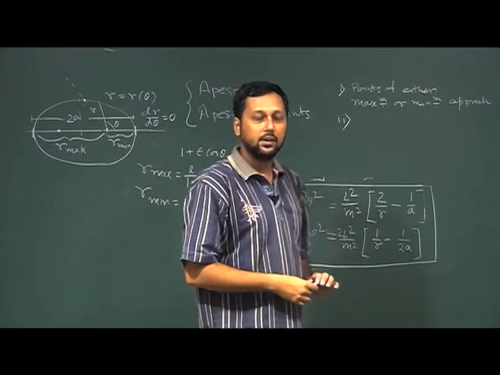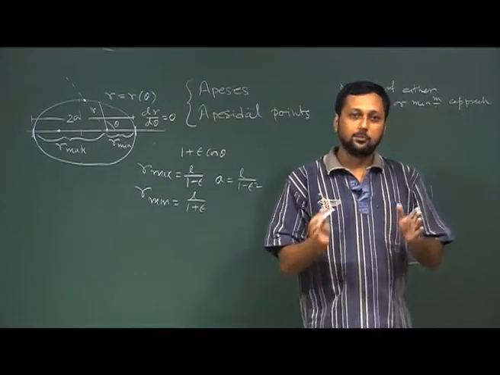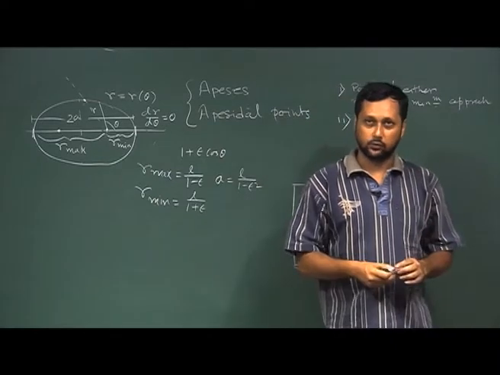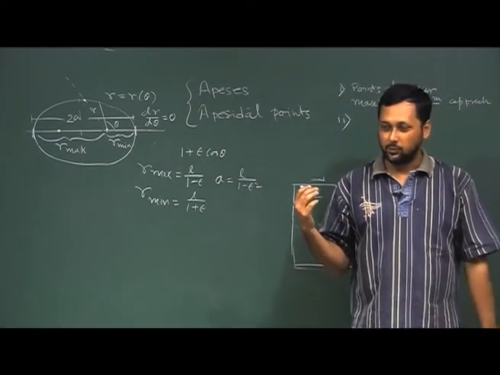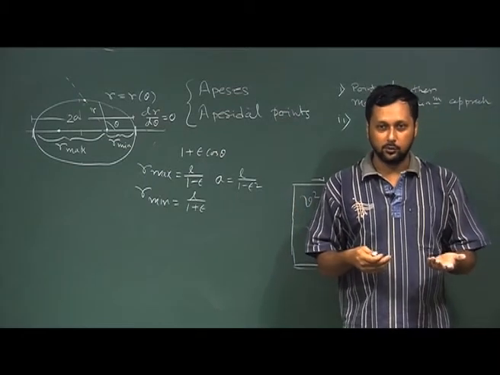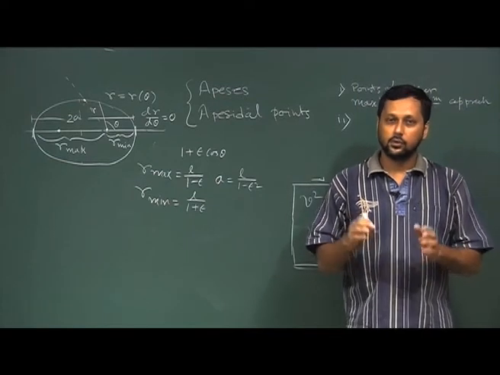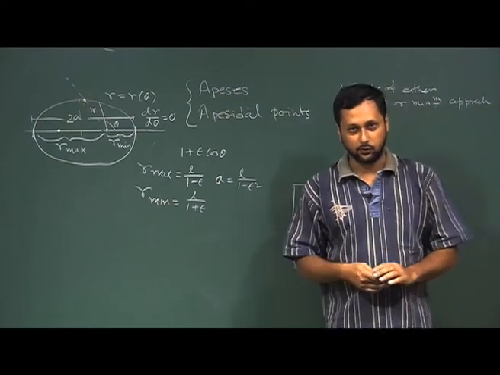Now, an apsidal point is defined for any central orbit. It is not specific to inverse square force field orbits, but we will be using it mostly for the inverse square force field. Later on we will be doing calculations based on it, so we are focusing primarily on the inverse square force field.